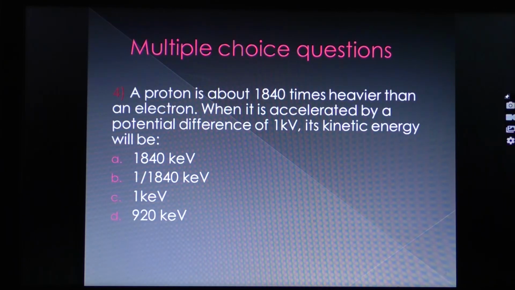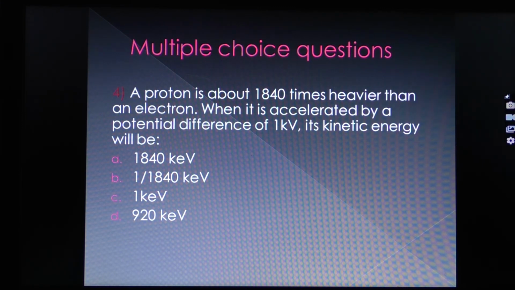All right. Come to number 4. In number 4, you are going to solve it. A proton is about 1840 times heavier than an electron. When it is accelerated by a potential difference of 1 kilovolt, so 1 kilovolt, definitely you are going to convert it into volts. Kilo stands for 1000. So 1 kV is 1000 volts.